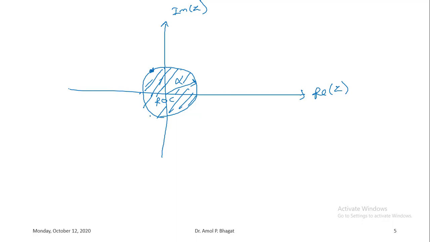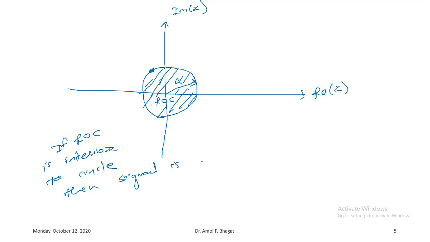And if the ROC is interior to the circle, then the signal is anti-causal, or it is also called a left-sided signal. Okay, an anti-causal or left-sided signal, right?